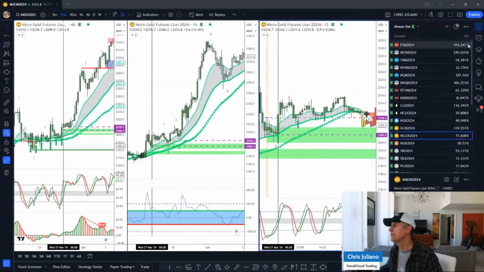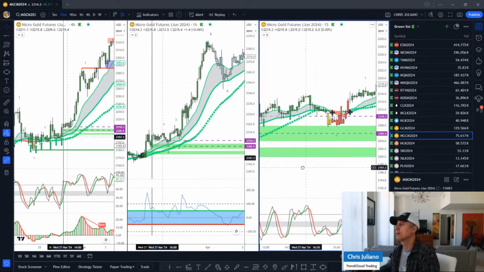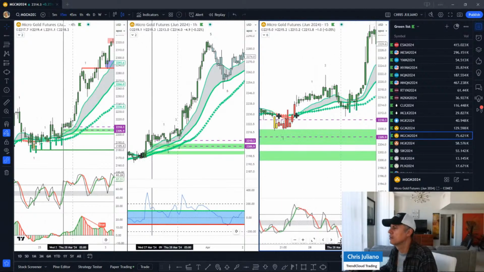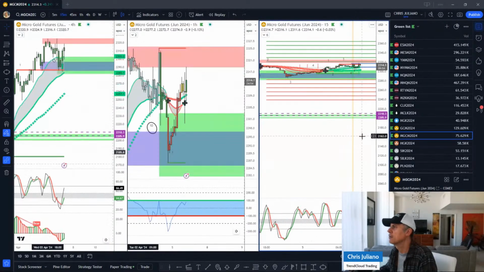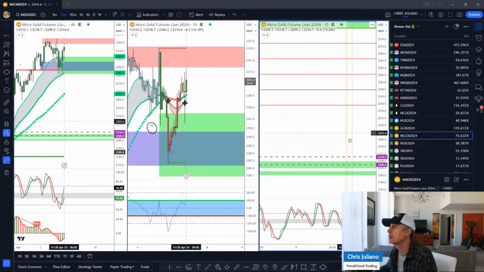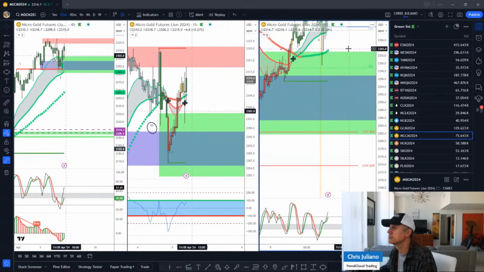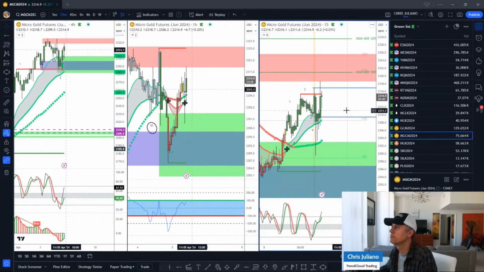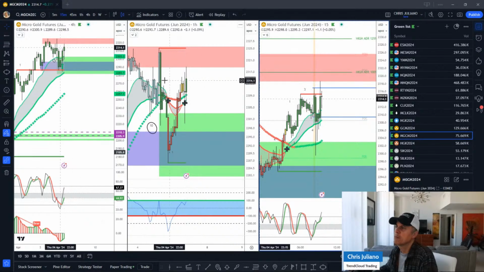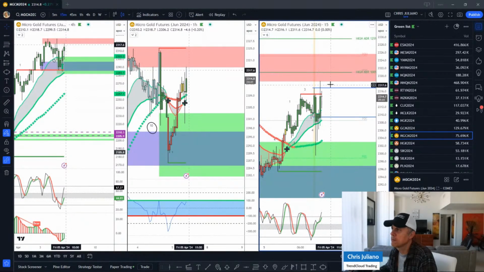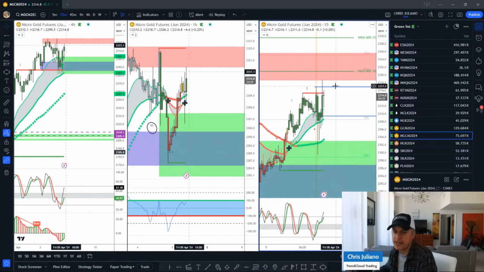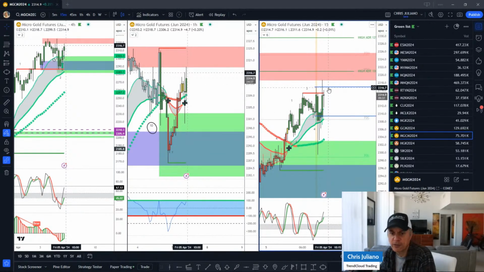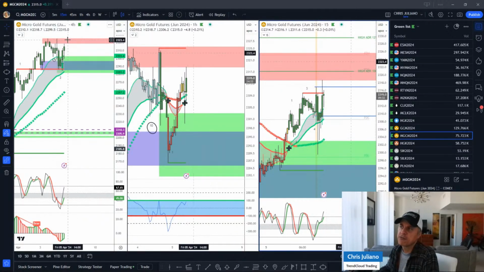Let's take a look now. Where are we at? Look at this. It's still too early, but that's looking like we want to go sideways, right? This is the big factor here.